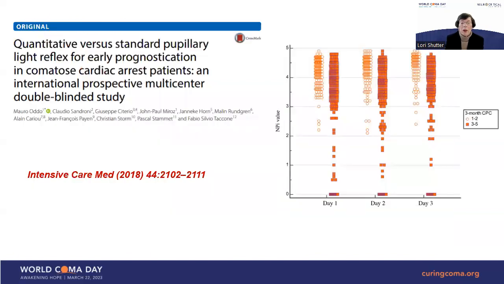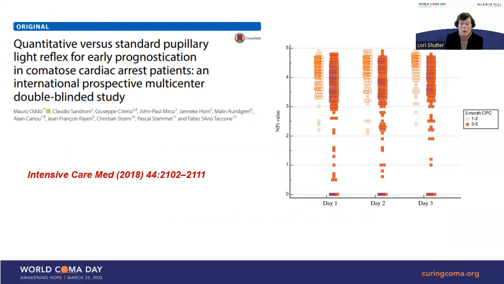In this study, it was a prospective international study looking at NPI versus standard pupillary light reflexes, and they tried to predict unfavorable neurologic outcome, and this was after cardiac arrest. The assessments were recorded simultaneously on days 1 to 3, closely together.